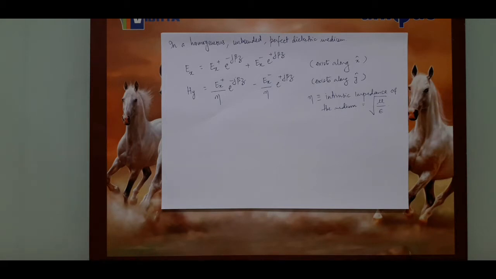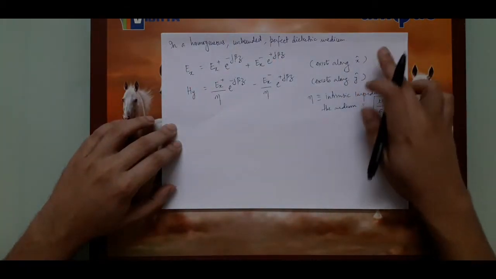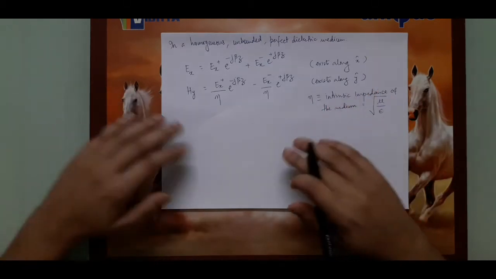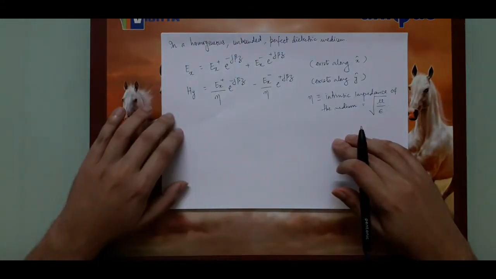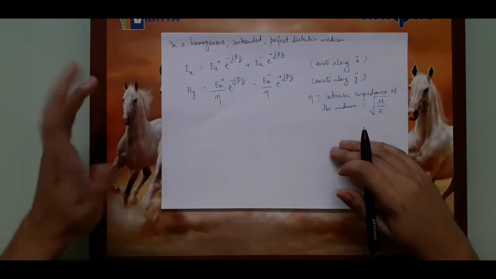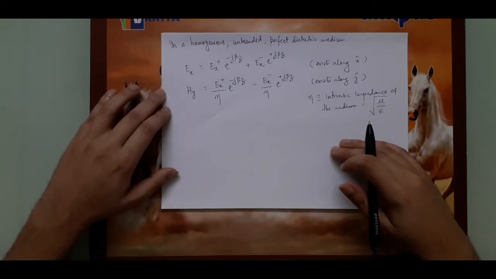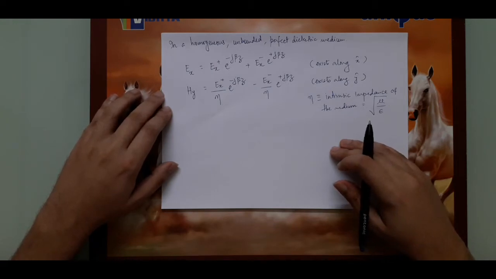We also saw that in general, this was a special case of the fields existing along the x and y axis respectively. We also discussed that in general that need not be the case. The electric field vector and the magnetic field vector in general can exist on any plane, perpendicular to each other in direction, and which in turn are perpendicular to the direction of propagation of the wave.